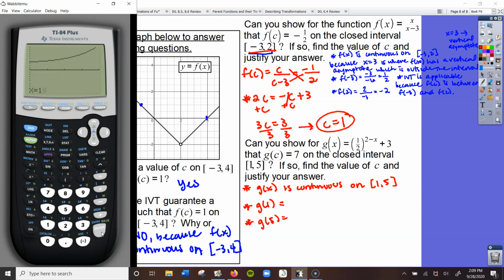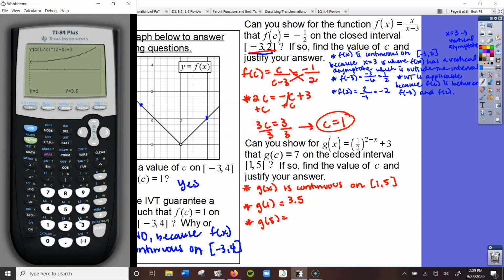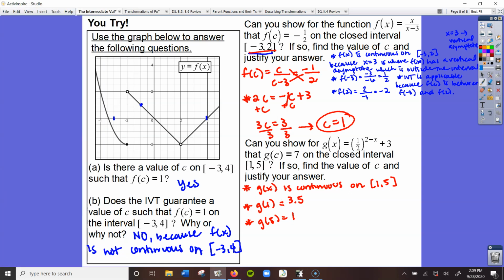I'm going to first find the function value for when x is 1, which is 3.5. Now I'm going to find my function value when x is 5, which is 11. We can see that 7 is between 3.5 and 11, so we can state IVT is applicable because g of c is between g of 1 and g of 5.